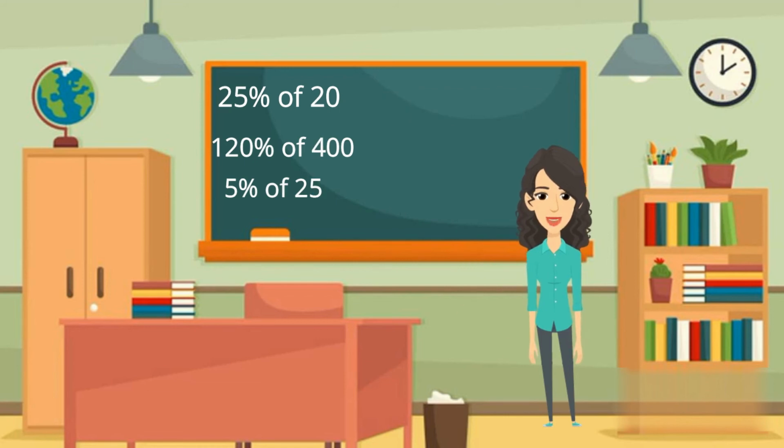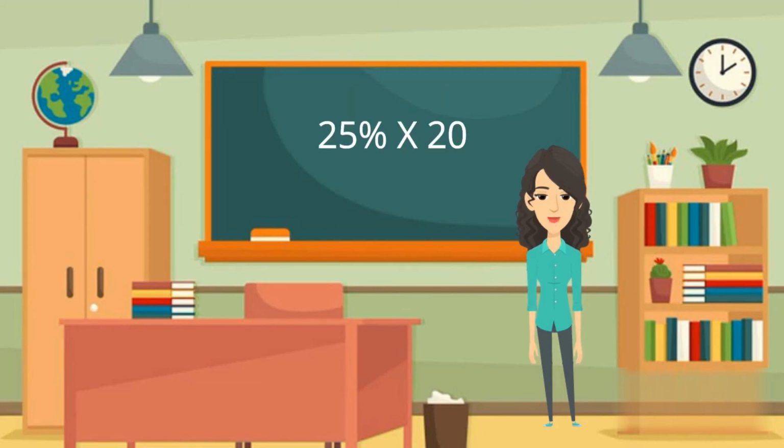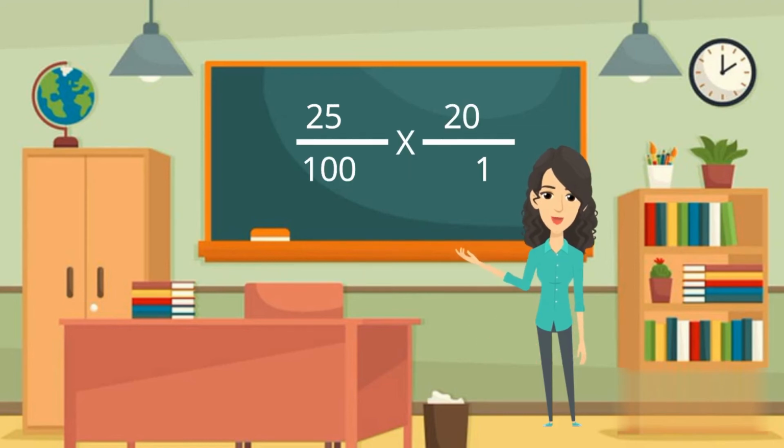Okay, let's start with the first one, 25% of 20. First step, replace "of" with the times symbol. Second step, choose the fraction form or decimal form for the percentage. In this case, let's use fraction form again. So 25% equals 25 over 100.